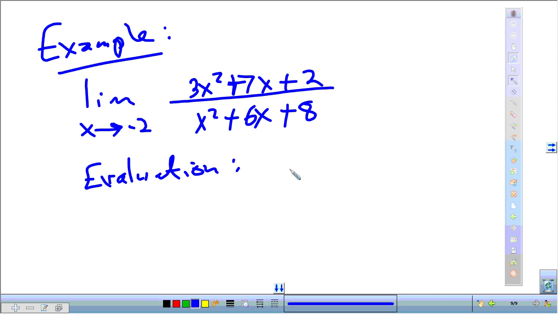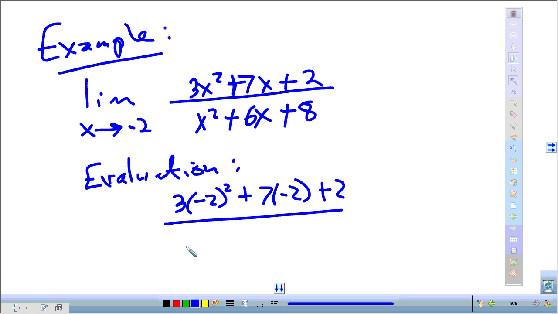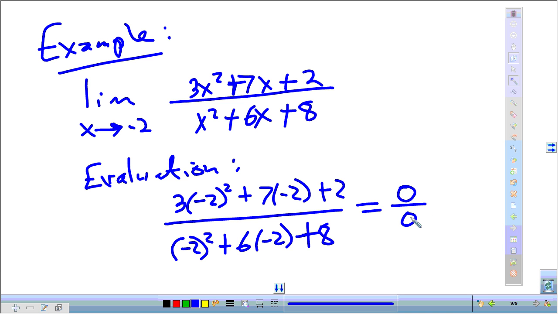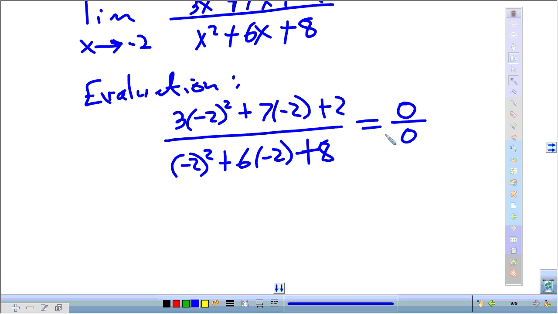If we attempt evaluation, we find a continuity or discontinuity at the value x equal minus 2 again. Okay. This one's a little different.